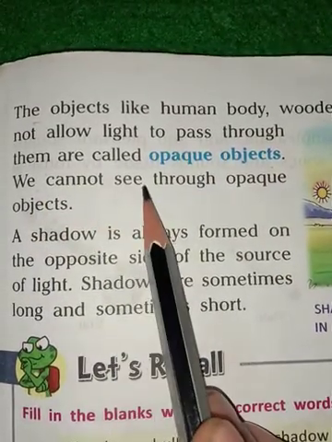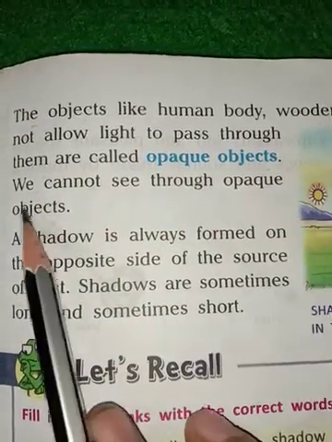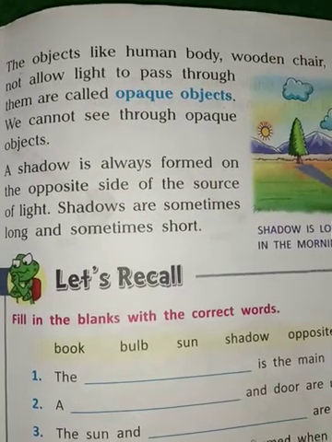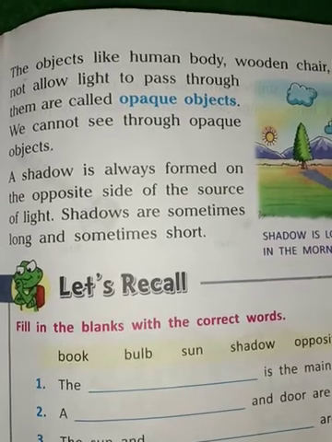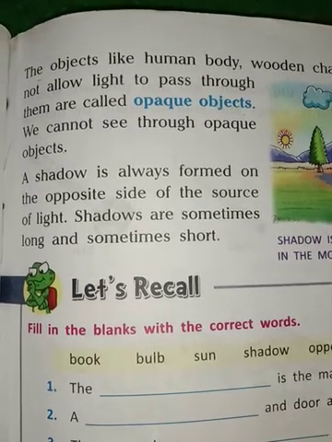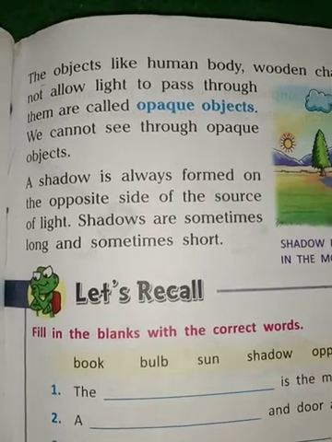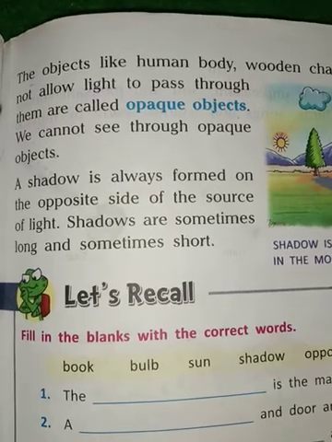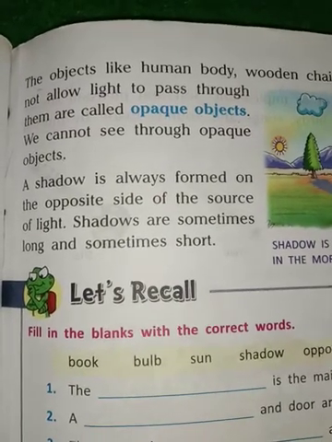We cannot see through opaque objects. Okay. So student, opaque objects are objects that are not transparent or translucent. So no light passes through them and you cannot see through them.